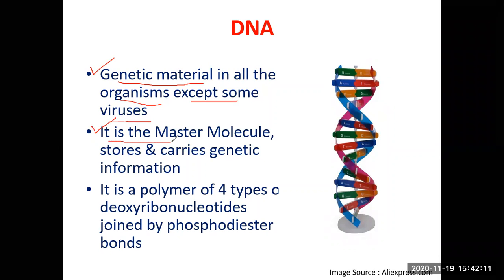It is considered a master molecule because it not only stores but carries genetic information from one generation to the next generation. And structurally, it is a polymer of 4 types of deoxyribonucleotides, which are joined by phosphodiester bonds. So it's a polymer of 4 different types of deoxyribonucleotides.